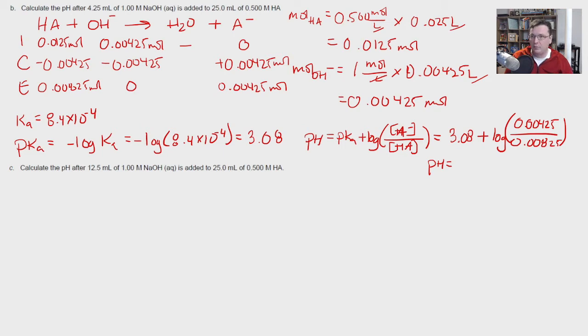And so you get a pH of 2.79, which I believe is what I have on the key. 2.80, yeah, same thing, just a rounding difference.